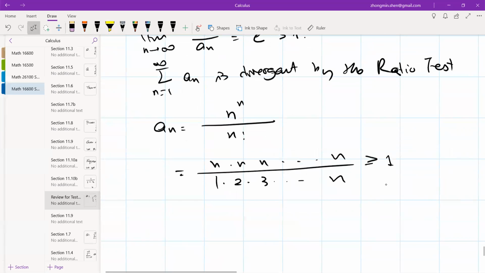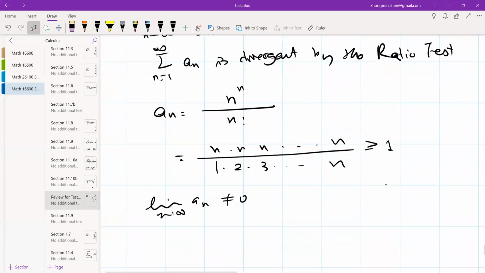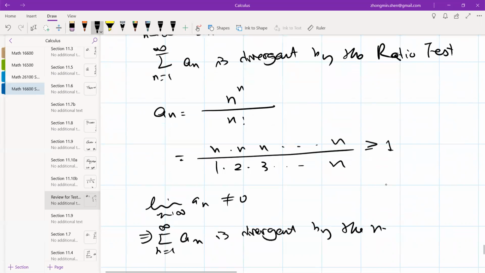Like this one, it's greater than 1. So that implies the limit is not going to be 0. So therefore, it's divergent by the divergence test.